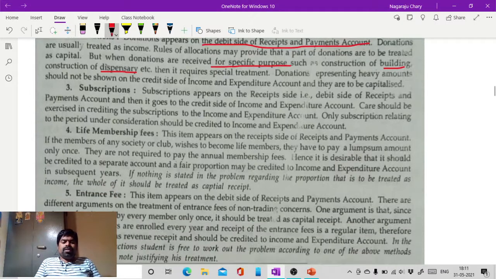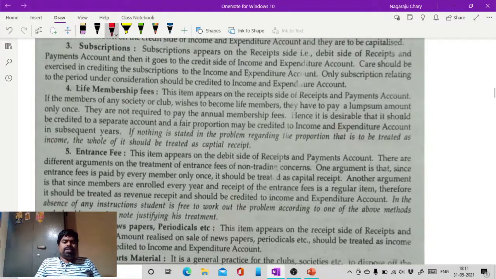Okay. Right. Next one, subscriptions. Subscriptions appear on the receipt side, the debit side of receipts. Subscriptions are given by the members of the organization, so that's why it is repetitive in nature.